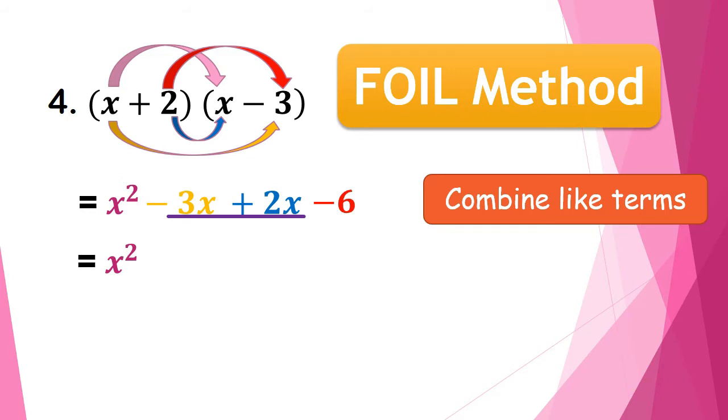Since one of the given terms is negative and one is positive, imbes na i-combine, we need to subtract. So it will become negative 3 plus 2. So the answer is negative x.